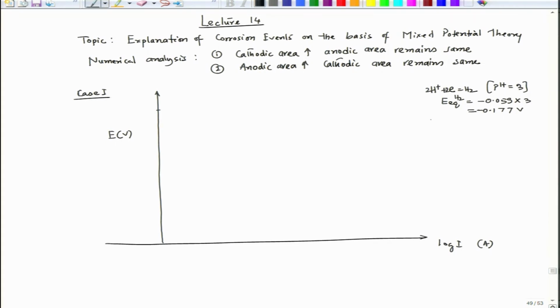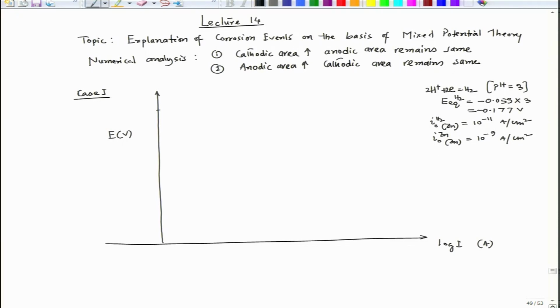Now, if we arbitrarily choose I0 hydrogen over zinc surface equal to 10 to the power minus 11 ampere per centimeter square, I0 zinc over zinc equal to 10 to the power minus 9 ampere per centimeter square.